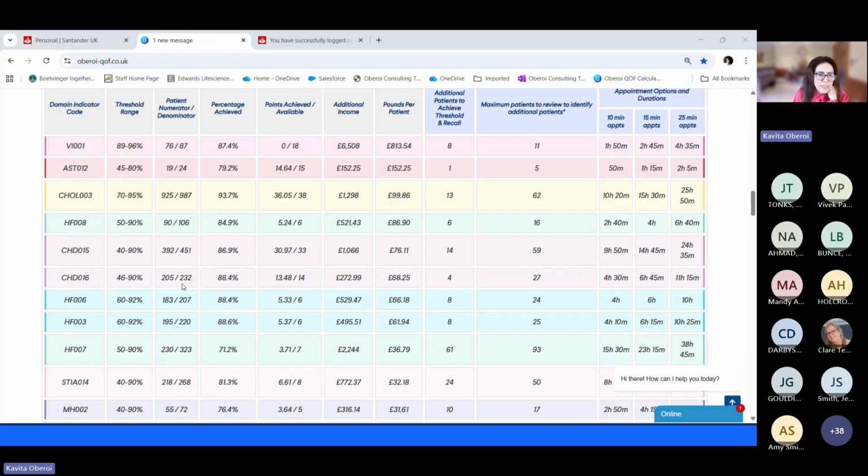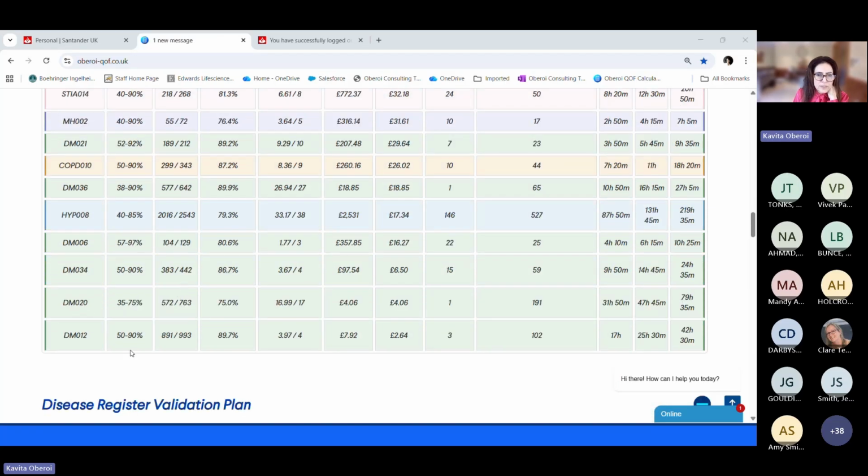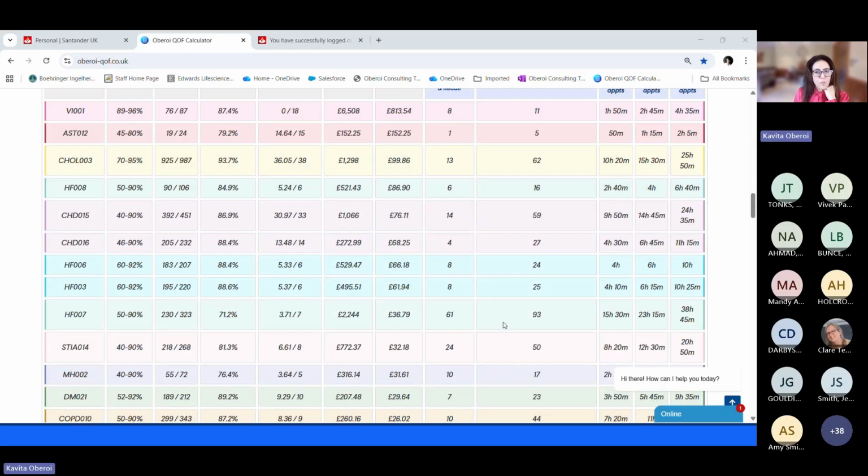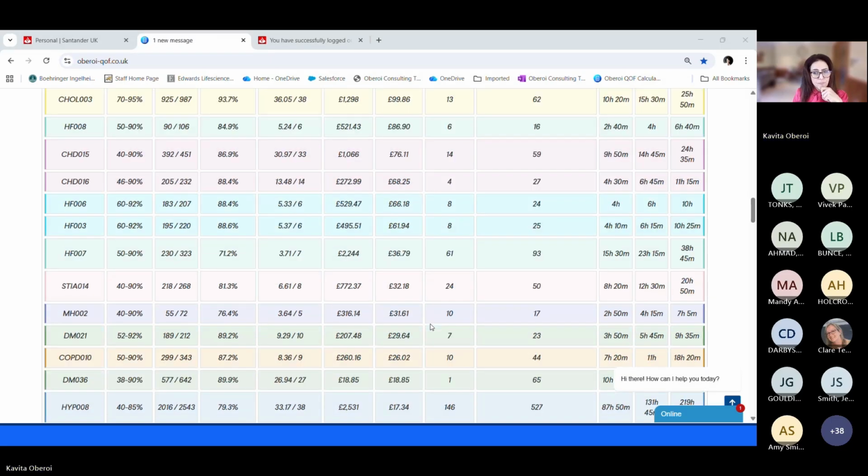So this is pulled together in that way. And as we get to the bottom, you can see here the low value indicators. This can help strategically, especially these last few months where you're still needing to achieve the indicators, to see where really to focus that activity, considering resource as well.